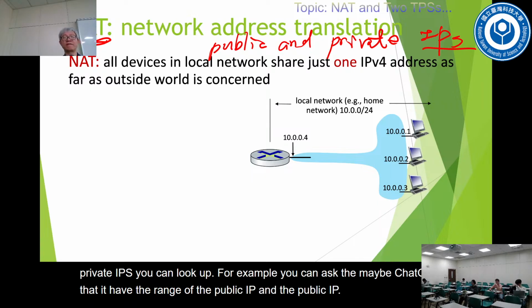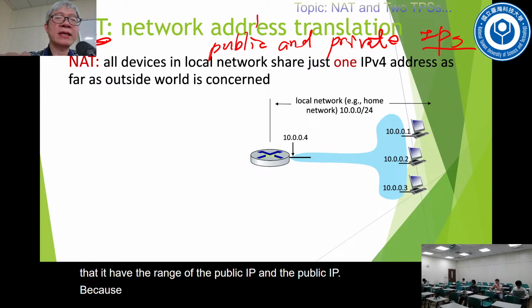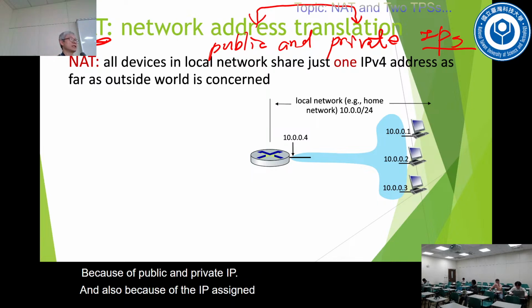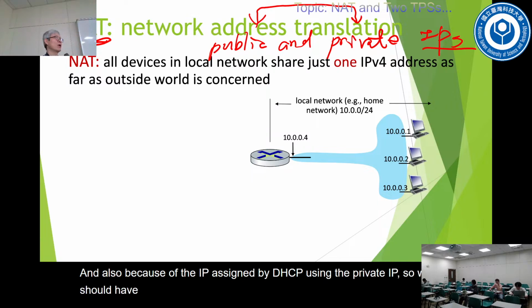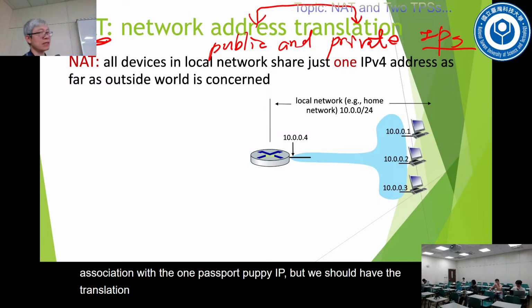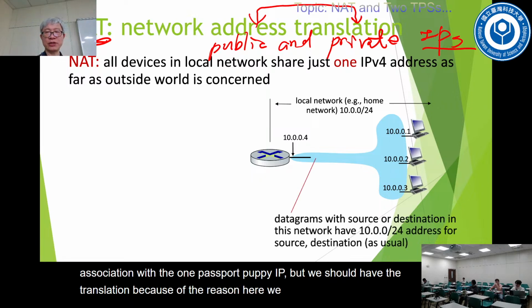Because of public and private IPs, and also because the IP assigned by DHCP is a private IP, we should have the translation. I assign you an IP, and of course we have the association with one possible public IP, but we need the translation.